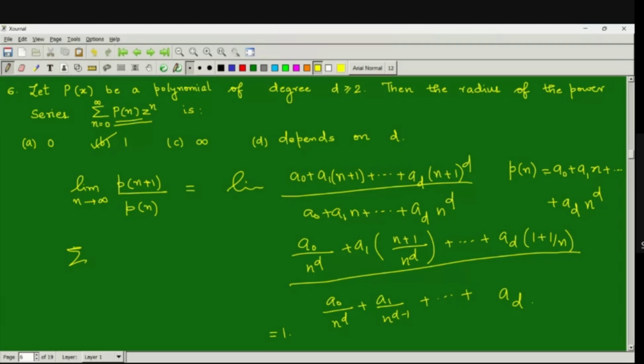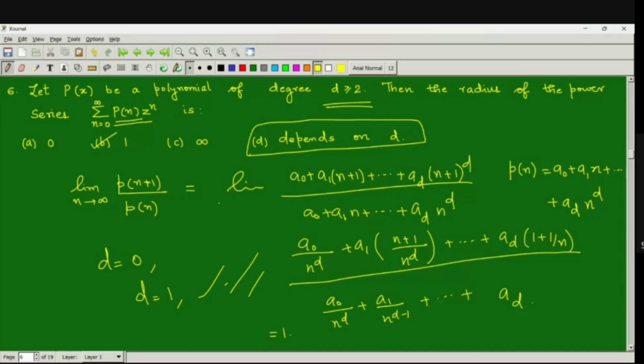They are just restricting d, but to make this option make some sense they have given d greater than or equal to 2. Otherwise it is the same. If d is 0, then it is a constant, it's converging. And if d is 1, then again it has a radius of convergence. D greater than or equal to 2 is just to confuse us about whether it depends on d or not.